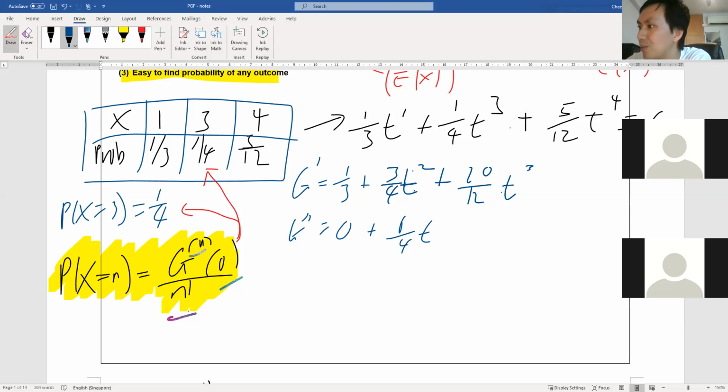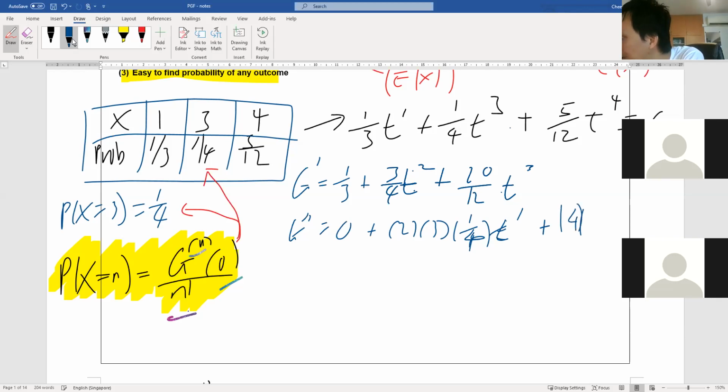Okay, I should not have done that. Should not have evaluated. So just now, you will have a 2 and a 3 and a 1/4 t to the power of 1 plus a 4 and a 5 and a 5 over 12 t squared.